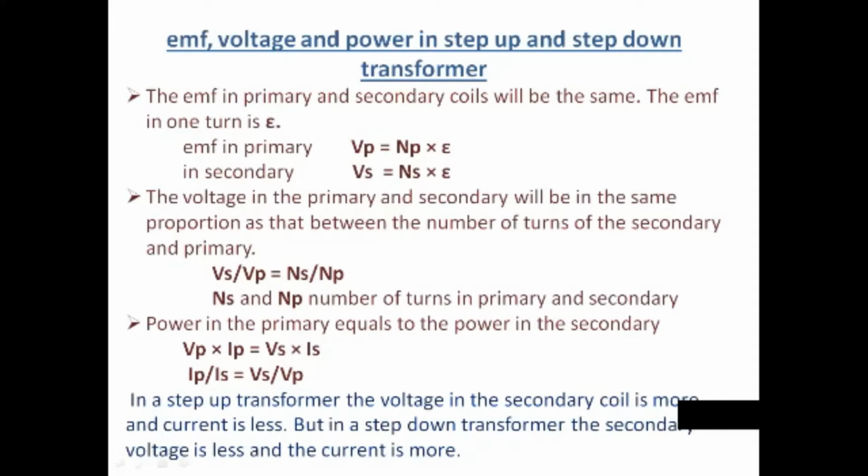What is the power of the two transformers? Power in the primary equals the power in the secondary. And we are saying that there is no power change when the voltage is increasing or decreasing. In a step-up or step-down transformer, there is no change in the electric power.